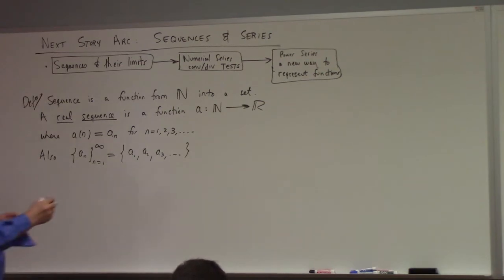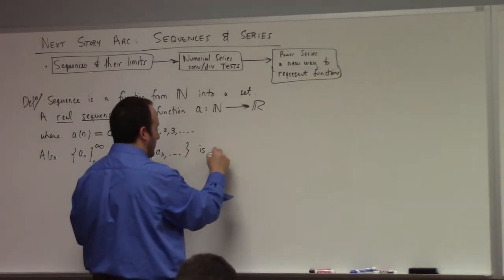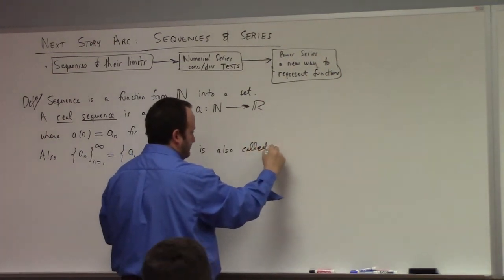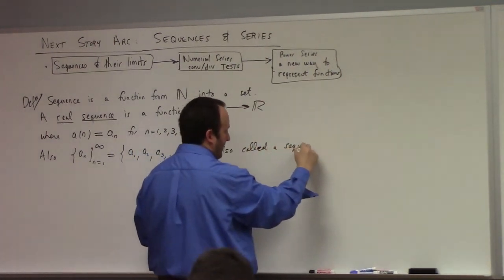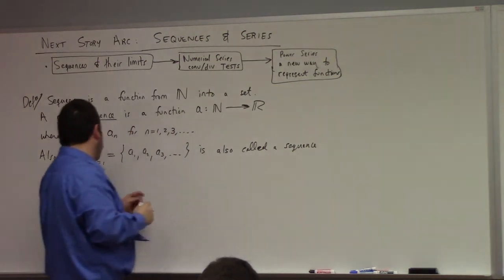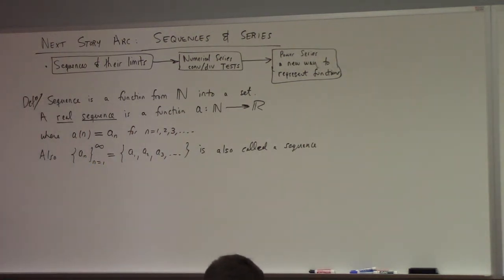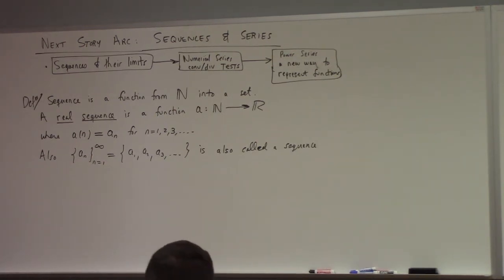I would say, if you want to be picky, that this, to me, this is the range of the sequence. You see why I'd say that? Why is that the range of the sequence? I would say technically that's the range of the sequence, yeah?